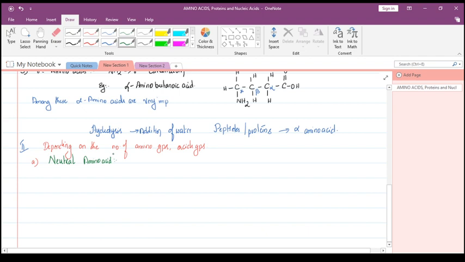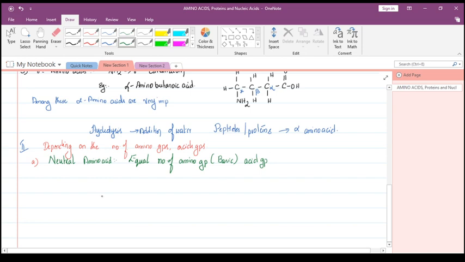Neutral amino acid means an equal number of amino groups and carboxylic acid groups. The amino group is basic, and the carboxylic acid is the acidic group. If there is an equal number of amino groups and acid groups, then it is called a neutral amino acid.